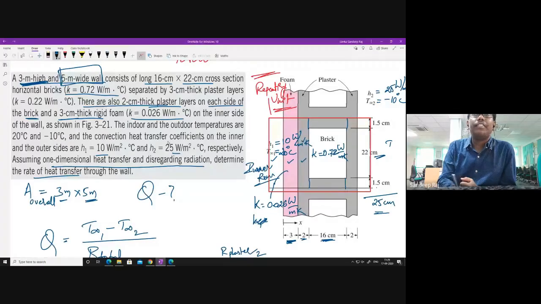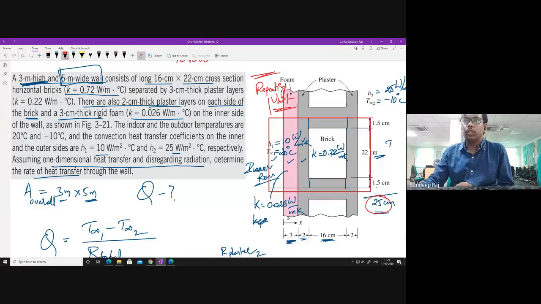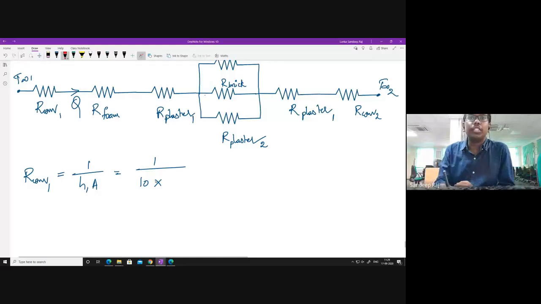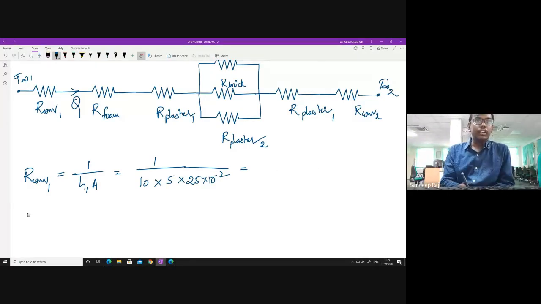It is given as a 5-meter wide wall, but the height is only 25 centimeters, as I have shown you here. So what I should substitute here is 5 meter wide, 5 into 25 into 10 to the power of minus 2. This will be your area. Good.